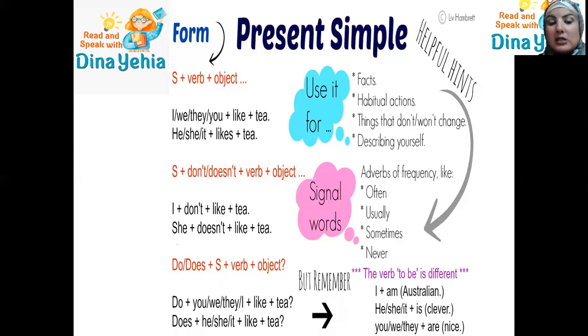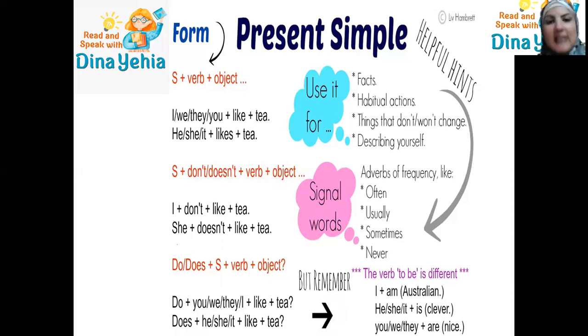What about the verb without an S? For example, when I say I like tea, do we have S here? Of course not. So, I do not like tea.